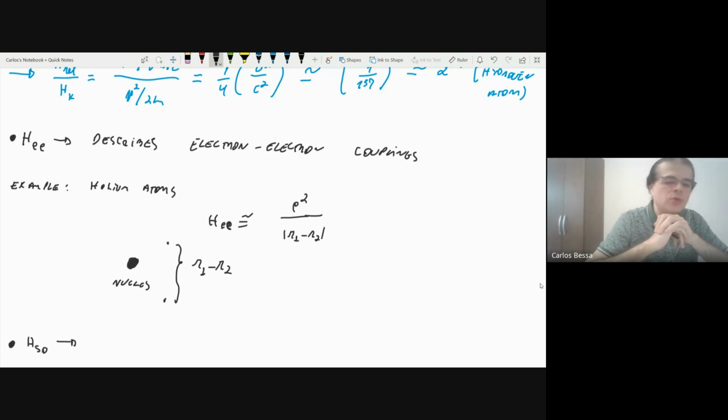In terms of the Schrödinger equation, the spin comes as an extra postulate, and we can correct with an extra Hamiltonian. But we'll see that in general this correction will also be small. So this is the spin-orbit interaction.